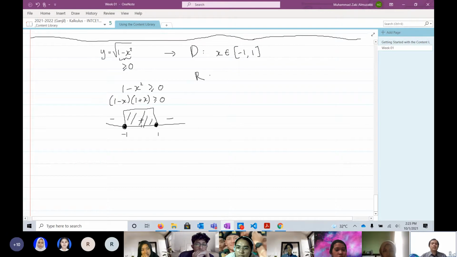As for the range, we have only from 0 to 1, because the value of 1 minus x squared as x moves from -1 to 1 can only be from 0 to 1. So the square root of numbers between 0 and 1 is also between 0 and 1.